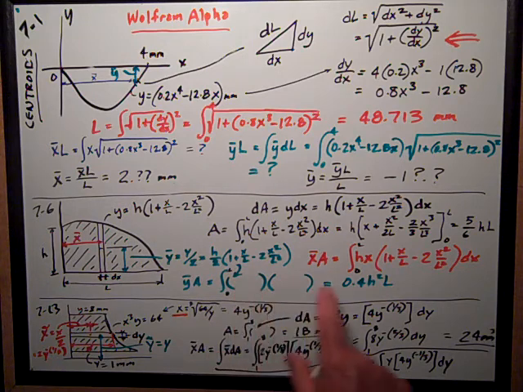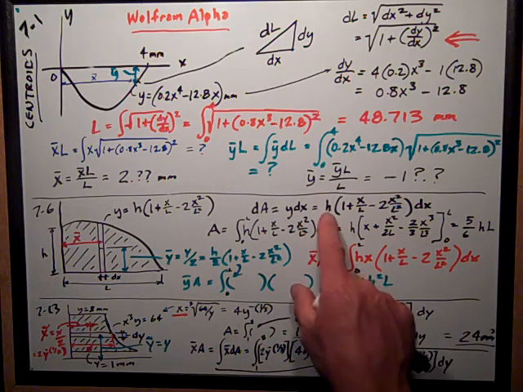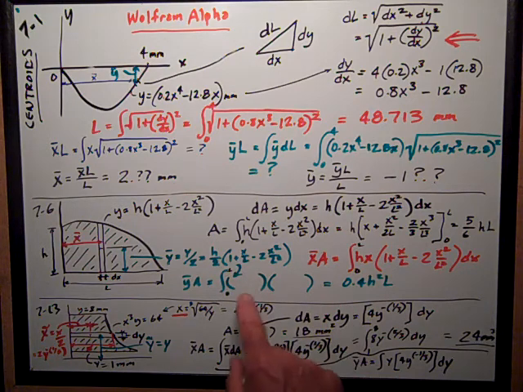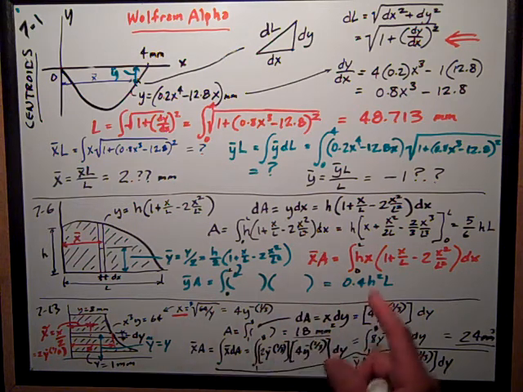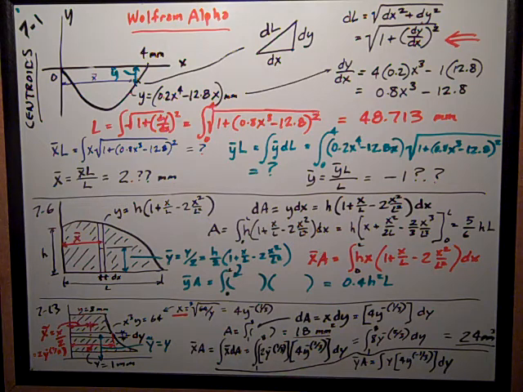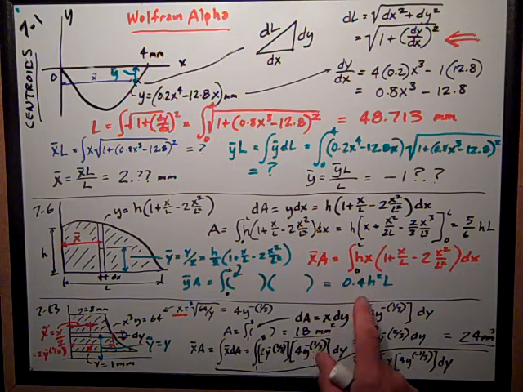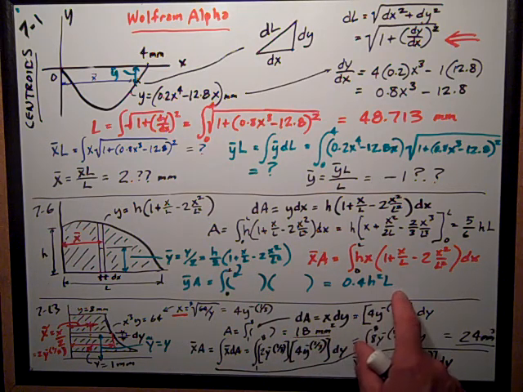Plug that in here, plug in my formula for dA, which is this expression up here, dx, and multiply it all out. It does get to be quite a few terms, but it is solvable without using Wolfram Alpha. You can use Wolfram Alpha if you want to. Anyway, y bar A is 0.4 h squared over L.